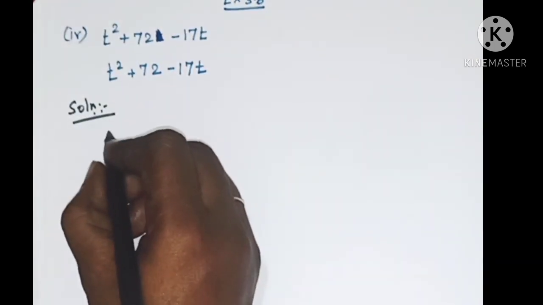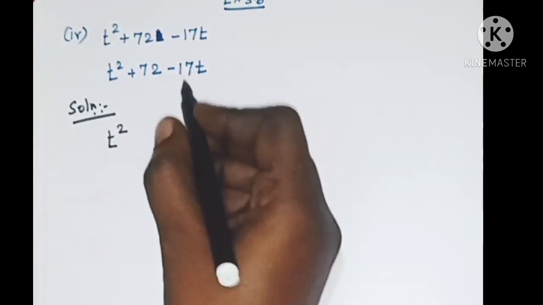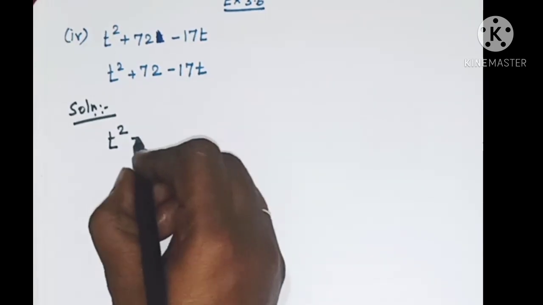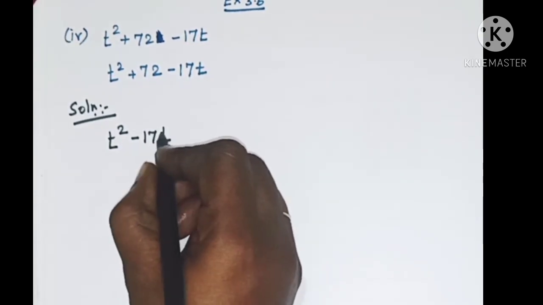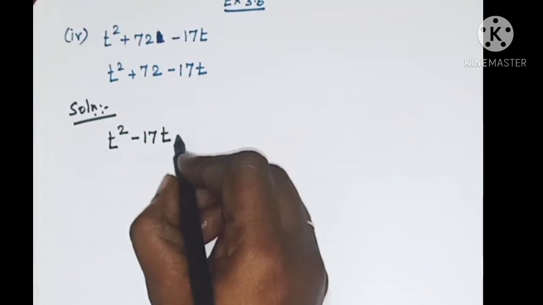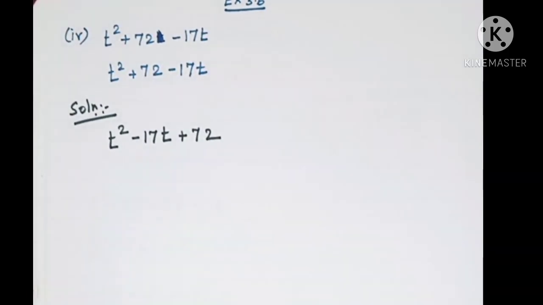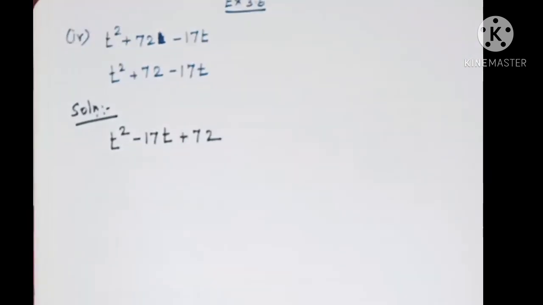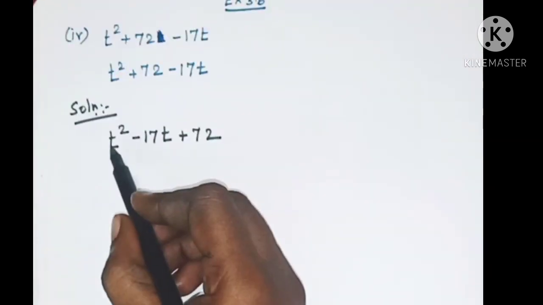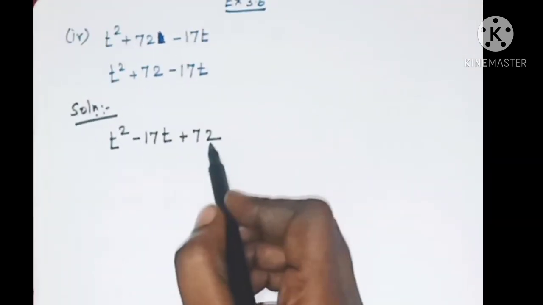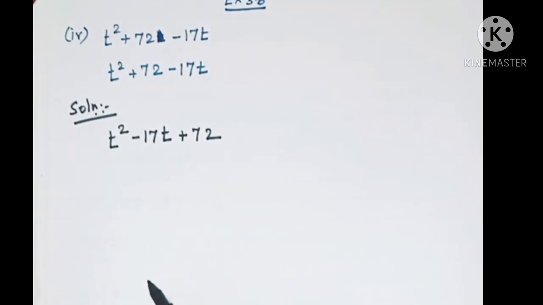So the standard form is t square, then we should write minus 17t, and then the constant term plus 72. This is the standard form of this algebraic expression, isn't it? First t square, and then t power 1, and then the constant term.